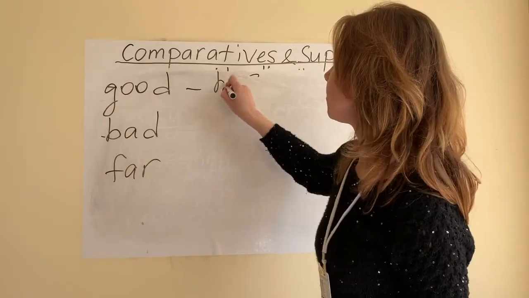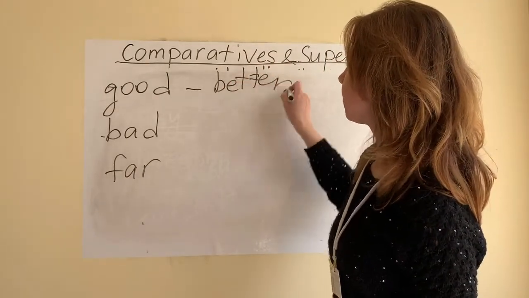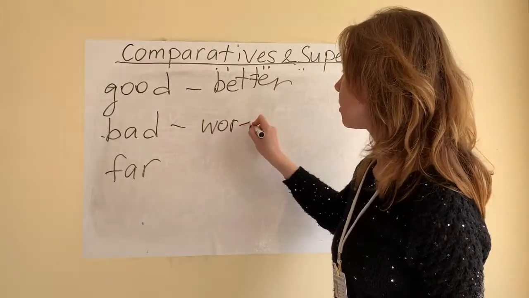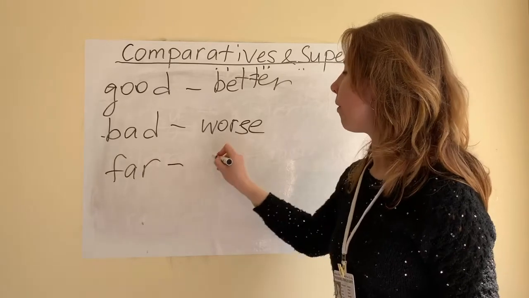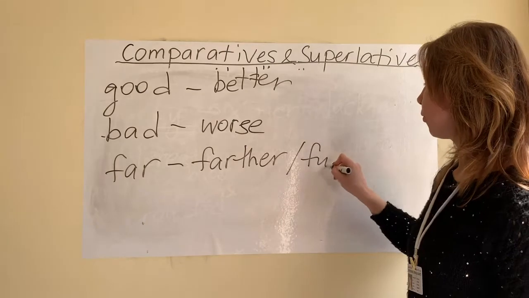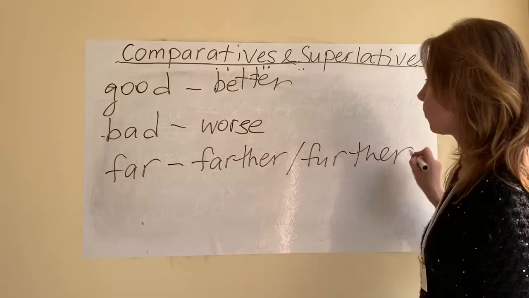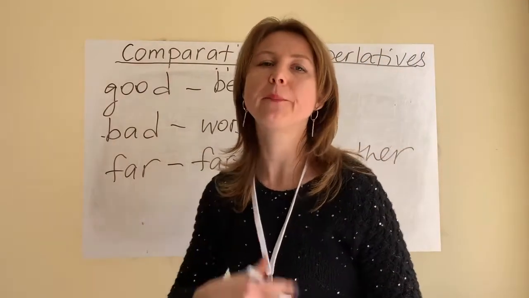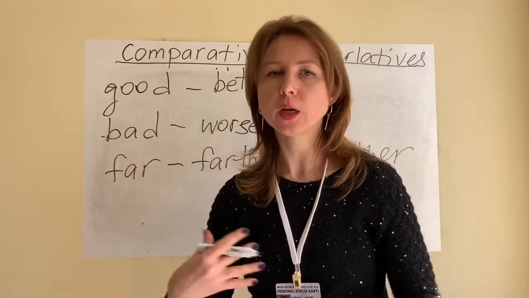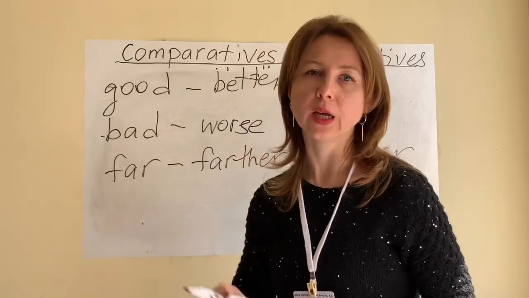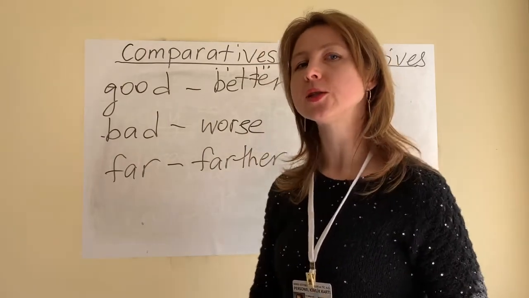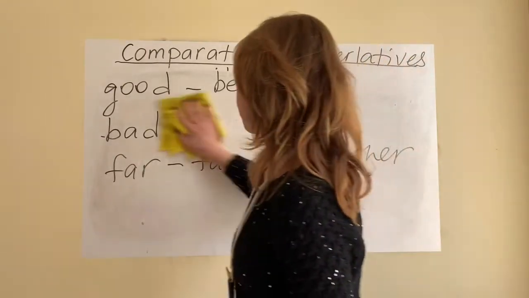Their comparatives are better, good, better, bad, worse, and far, either farther or further. Like Paris is further than Ankara, yeah, if we live in Alanya. Good. So now, let's speak about superlatives.